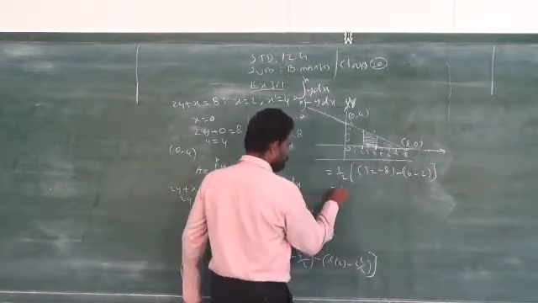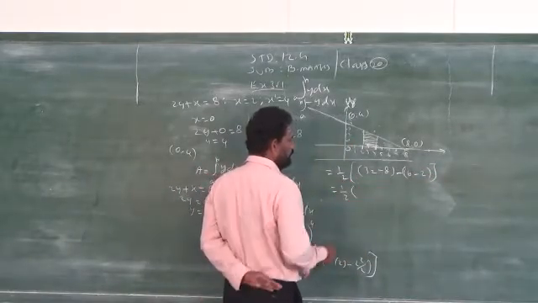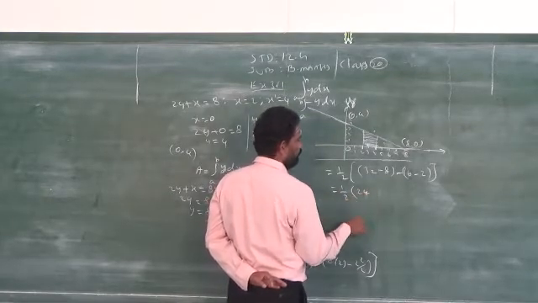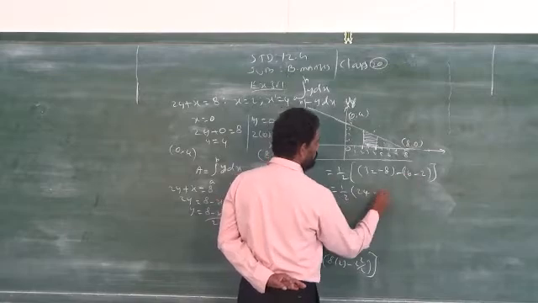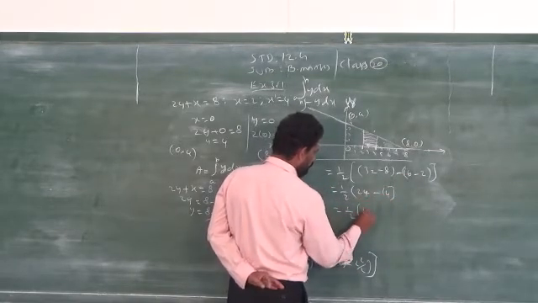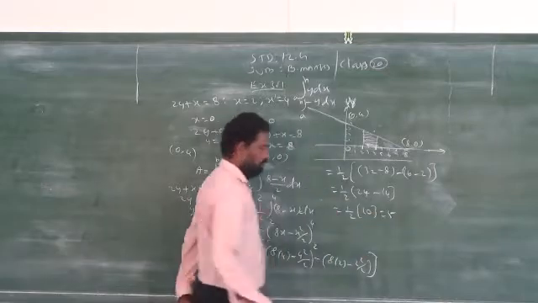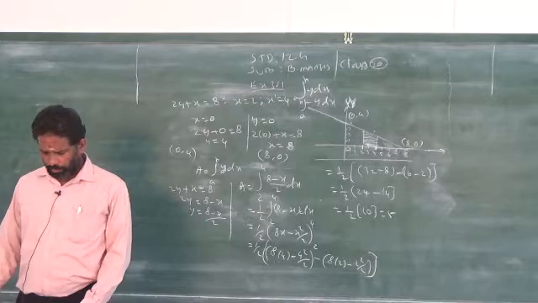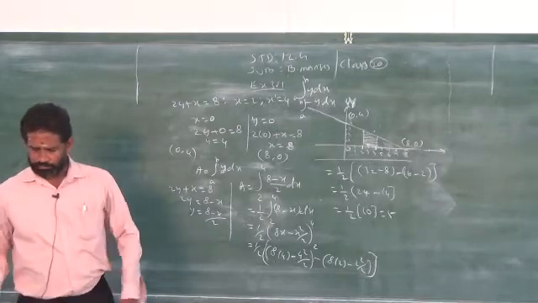So just simplify. 32 minus 8, how much? 24, minus 16 minus 2, 14. So what will be the answer? 14 by 2, that is 7 square units. That is the answer for question number 1.